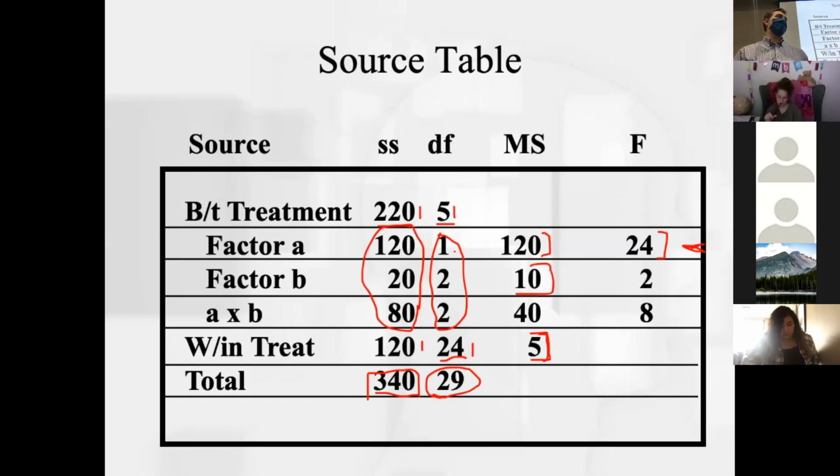So 10 divided by 5, 2. And then for that interaction, once again, we're taking that mean squares of the interaction divided by that mean squares within, which gives us 8. So we're going to have 3 different F values for this that we then have to compare in the back of the book.